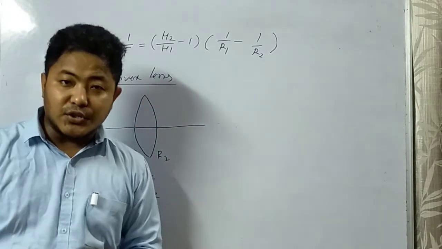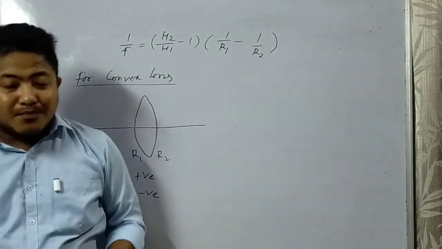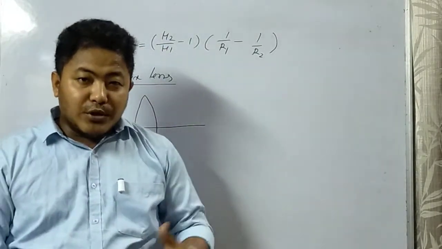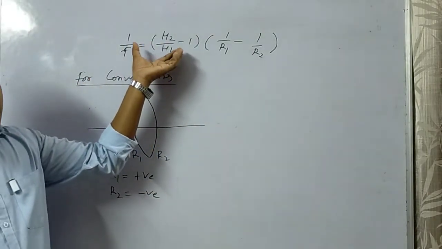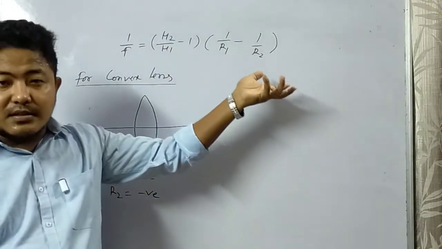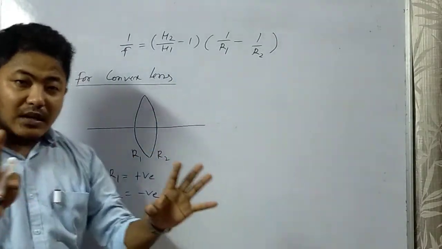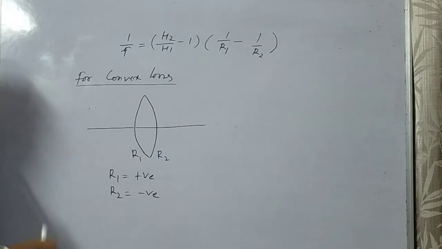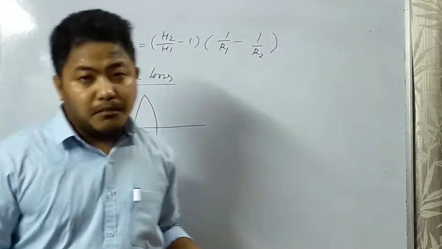And you know that mu is always going to be more than 1, so this is not going to be 0 or anything else. That means this result stays positive. Is that clear? So in case of a convex lens, the power of the lens will be positive.